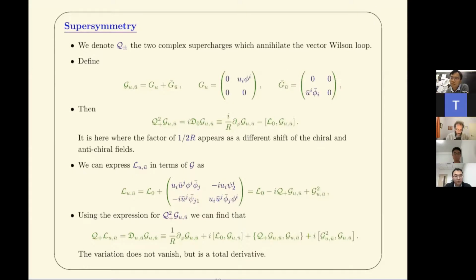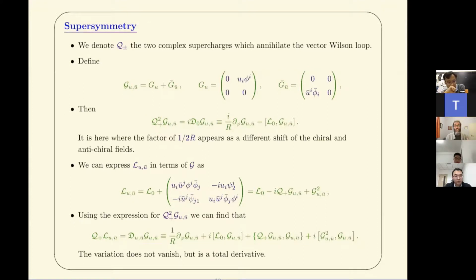So what I do is I start with two matrices, G and G bar, which include in them the scalar fields and the chiral multiplet, phi and phi bar, and these extra parameters, the couplings U. And I take the sum of these two matrices, and now I evaluate the action of acting twice with the supersymmetry on this G.